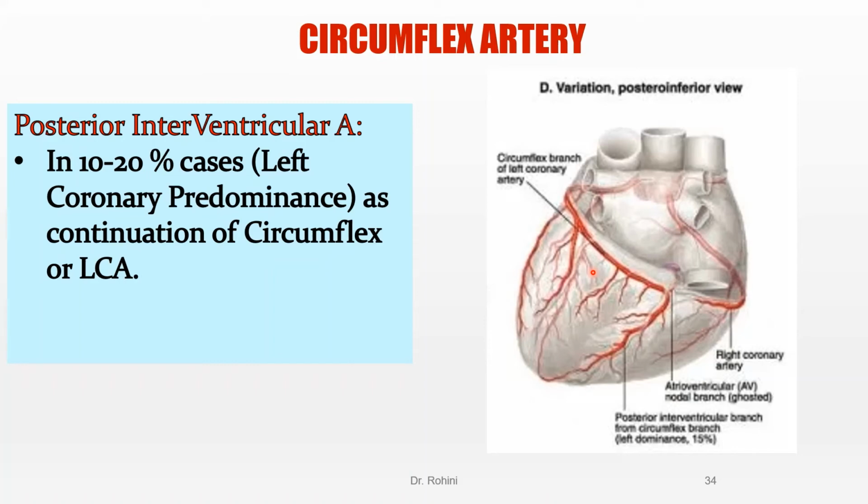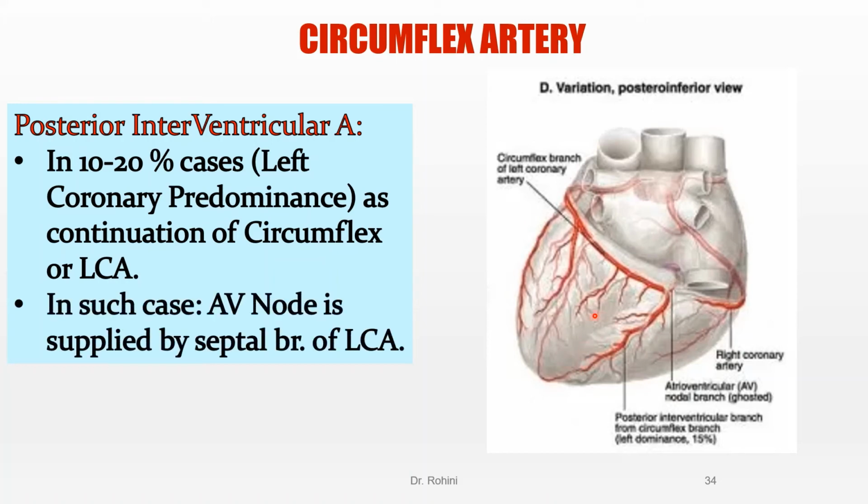You can see here, this is the circumflex artery continuing as the posterior interventricular artery. Now the right coronary artery is shorter, ending here, but the artery in the posterior interventricular groove is also supplied by the left coronary artery as a continuation. In this case, the posterior 1/3 of the interventricular septum will also be supplied by this artery coming from the left coronary artery.